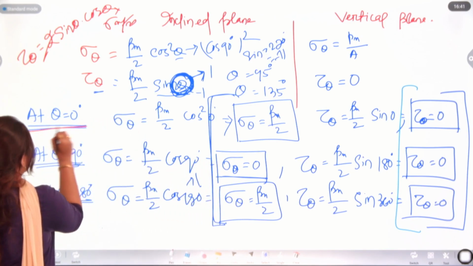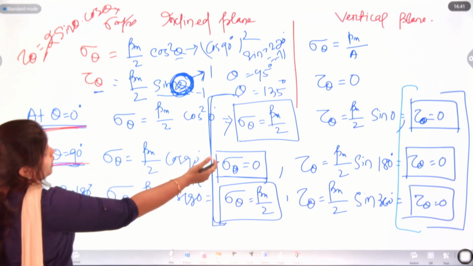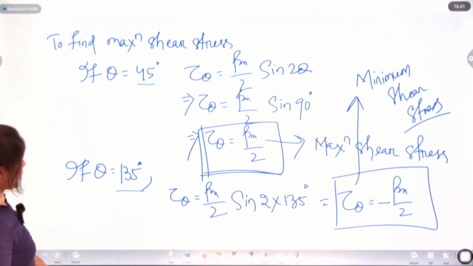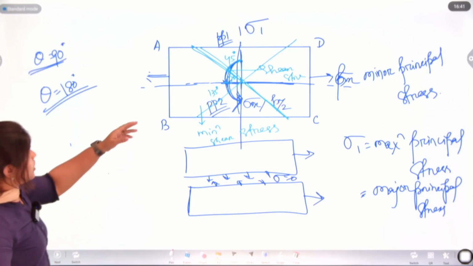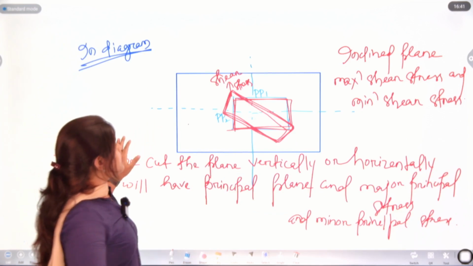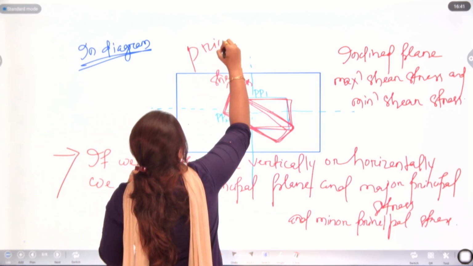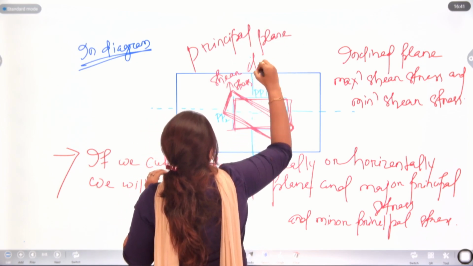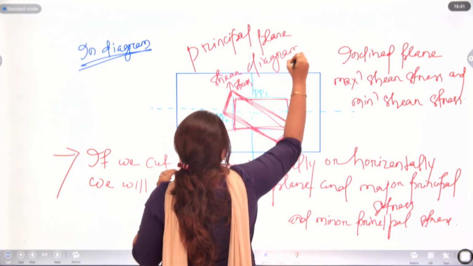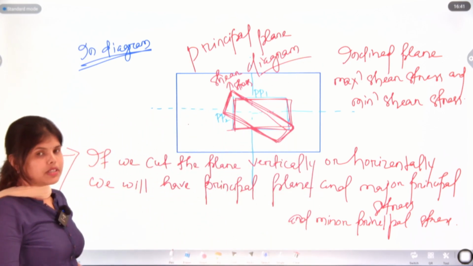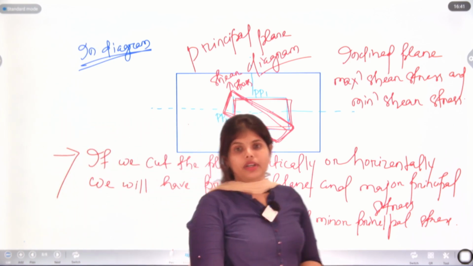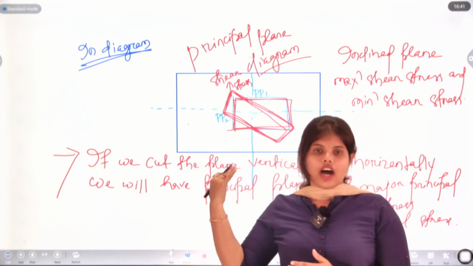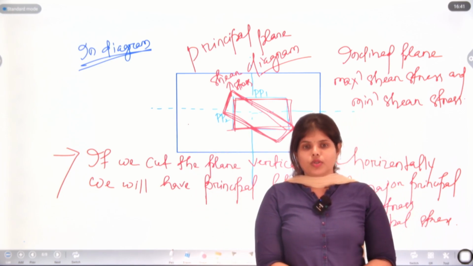If we cut the plane at different angles, we found what normal stress and shear stresses we have. And here is the principal plane diagram to understand major principal plane and minor principal plane. So, in this class we have learned how to find the stresses at different angles and how to draw a proper diagram. So, thank you so much.